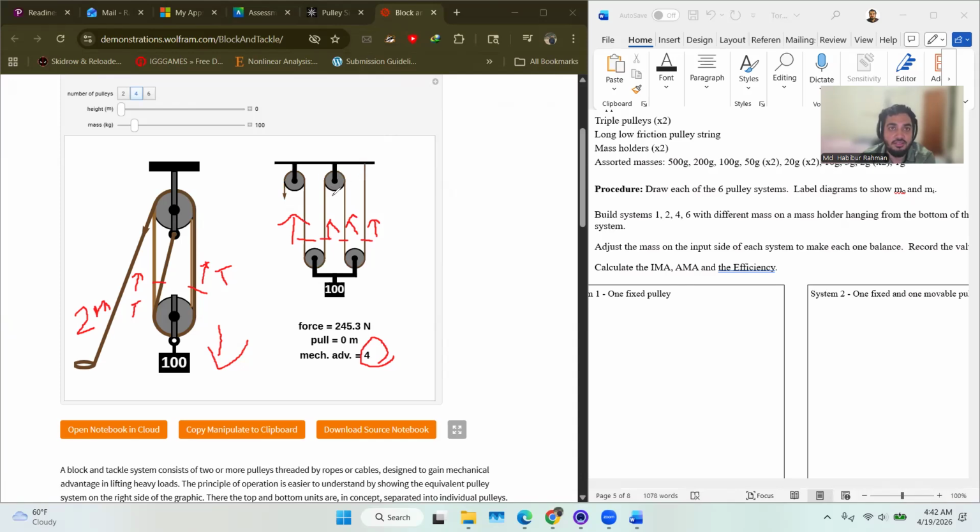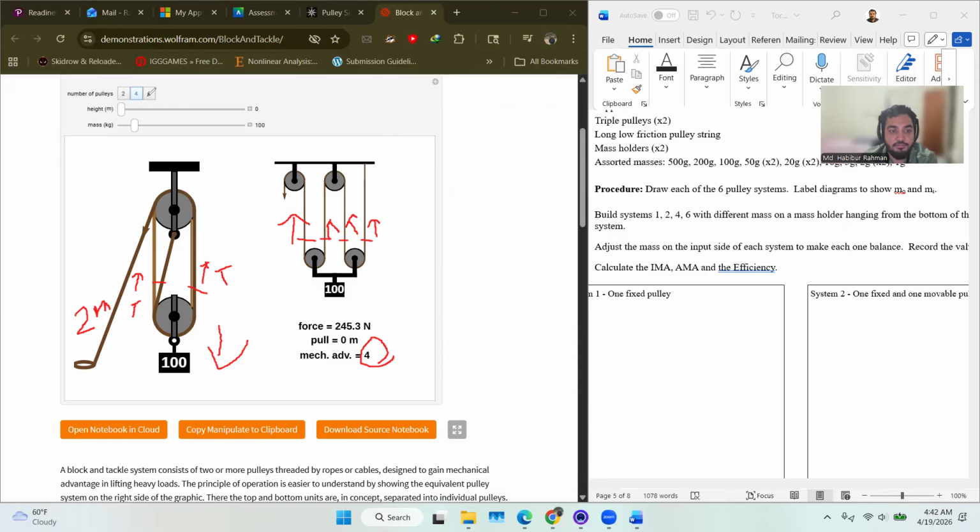They don't move and don't apply tension, so they don't affect the tension force. So the mechanical advantage with 2 moving pulleys will be 4, because 4 ropes are attached to the mass. Here is one, here is another, here is one, here is another.